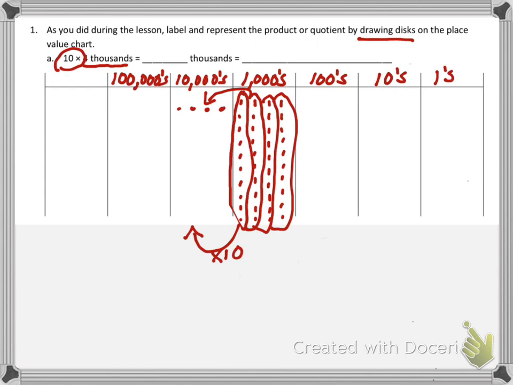So I end up with 40 thousands, because I have 10 groups of 4, so it becomes 40 thousands, which really is 4 ten thousands, which is equal to, in standard form, 40,000.